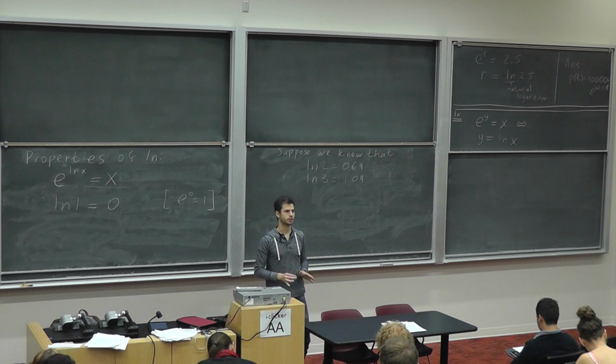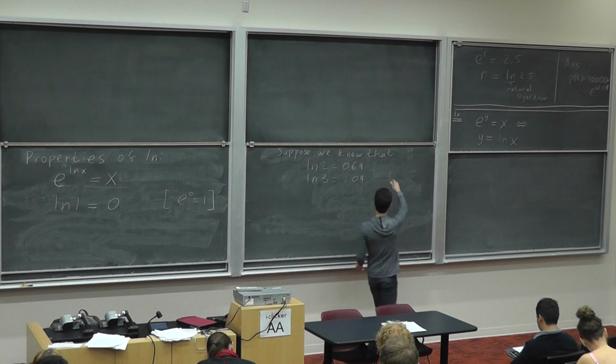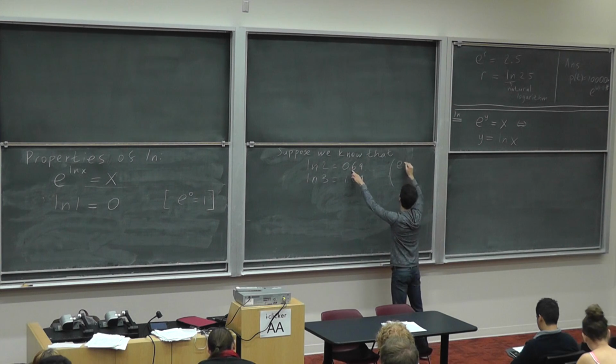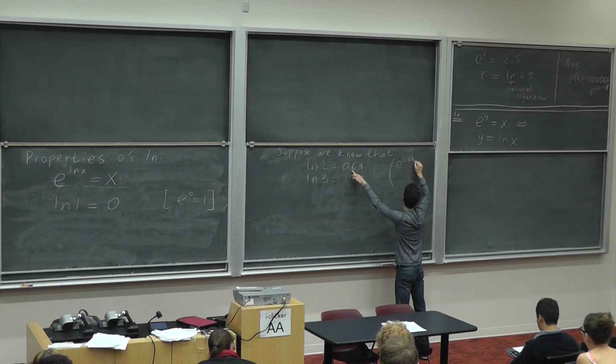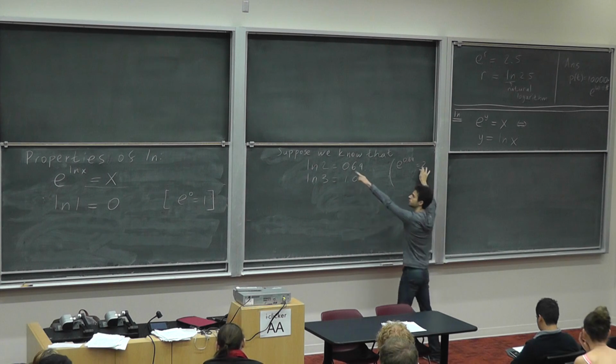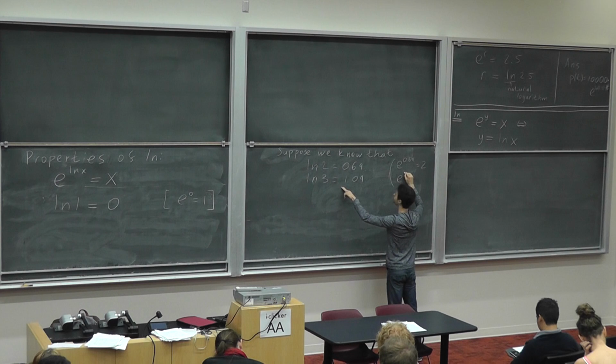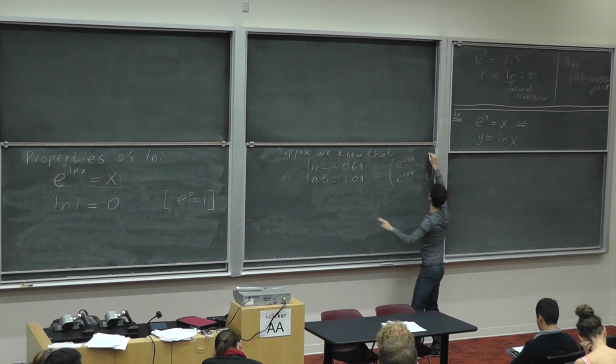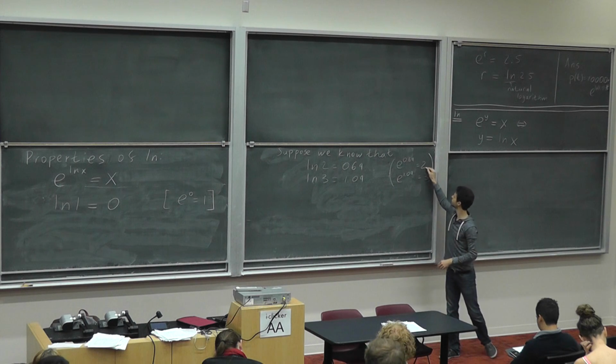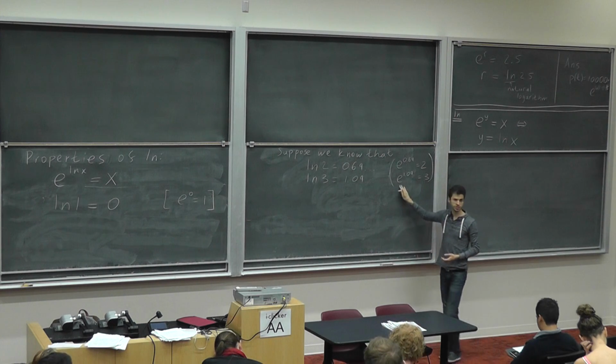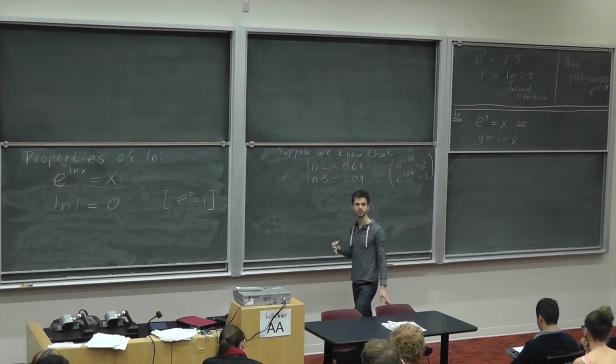First of all, what is the meaning? The meaning here is that e raised to the power 0.69 something is exactly 2. That's the meaning of this phrase. The meaning of that phrase is e raised to the power 1.09 something is exactly 3. Which makes sense. e is about 2.71.